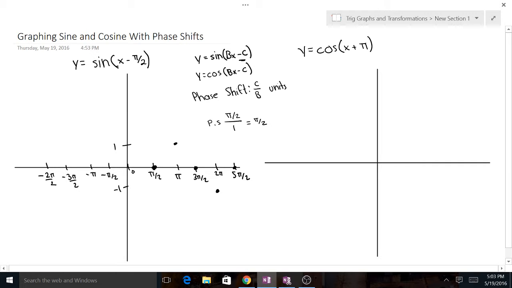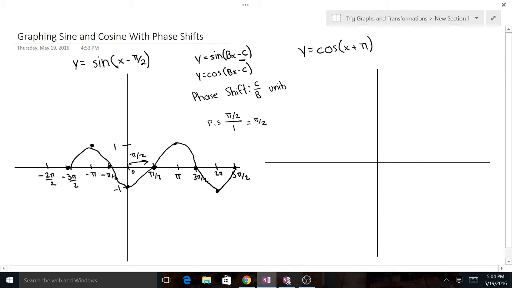So here we go, going up and down, and it's going to do the same thing here. It's going to go this way, back up. And as you can tell, this looks exactly like our sine function. Instead of starting it right at the origin, we just moved it over pi over 2 units. That's exactly what this minus pi over 2 did.